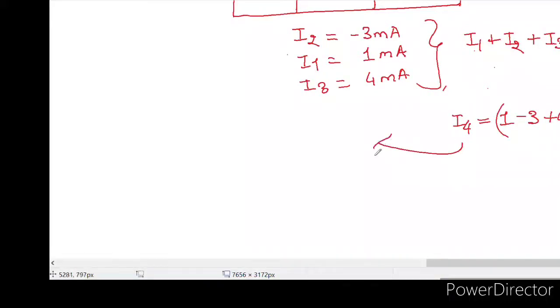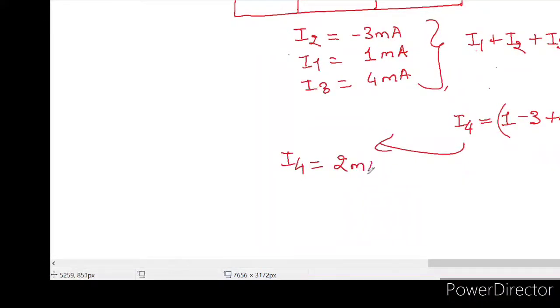Therefore, the value of I4 is equal to 2 milliamperes.